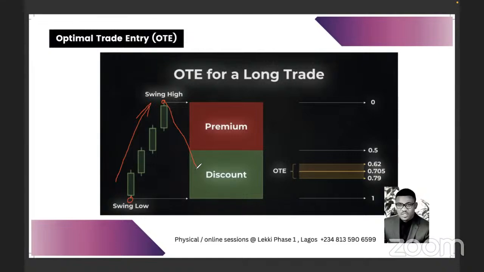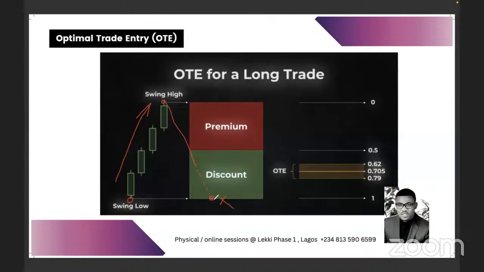Optimal is the same as most, right? Where is the safest area to buy when the trade is discounting? Let me make a dotted line. Should I buy from here? The answer is no. Buying from here is very risky.